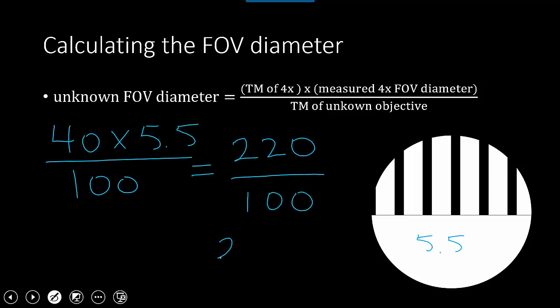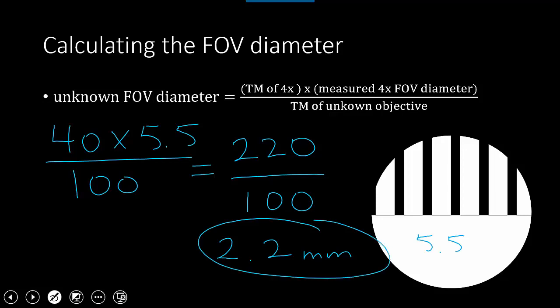So the diameter of the field of view for the 10x objective would be 2.2 millimeters. This makes sense if you think about how the total magnifications compare. The total magnification of the 10x is slightly more than twice the total magnification of 4x, and the diameter of the field of view is slightly less than half as wide. As magnification increases, the diameter of the field of view decreases proportionately.